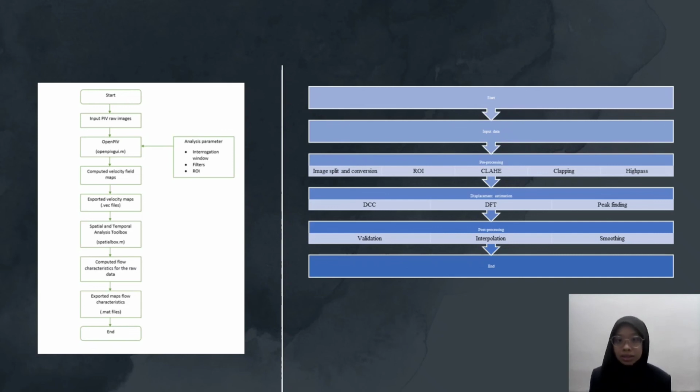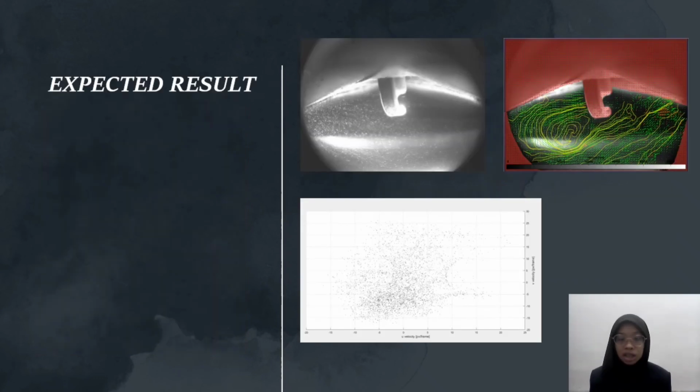At the right side is the flowchart of the overall process using PIVlab. The analysis starts by inputting the data for pre-processing and displacement estimation before the next process, which is post-processing.